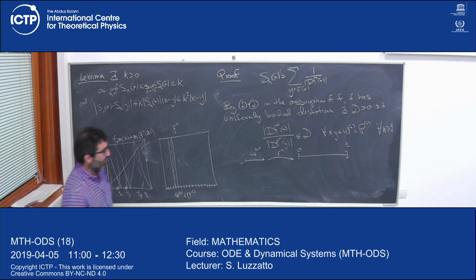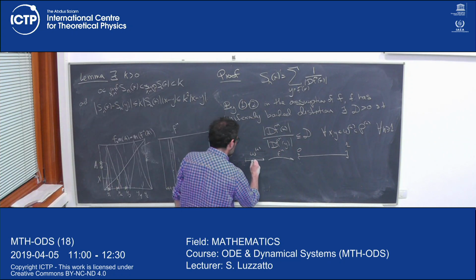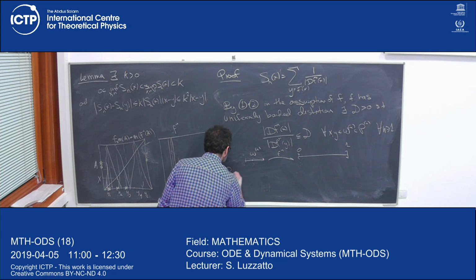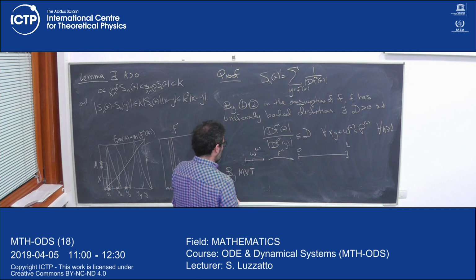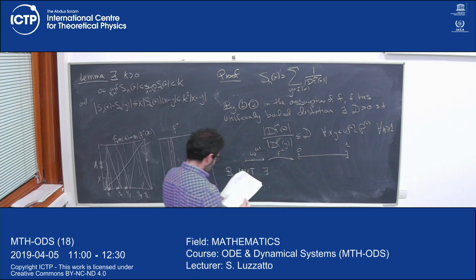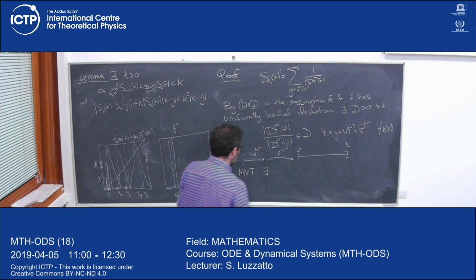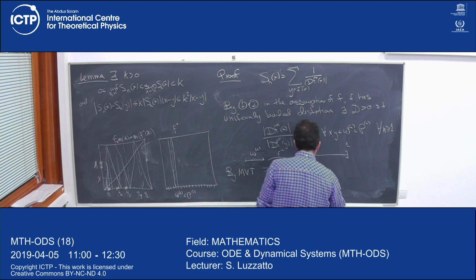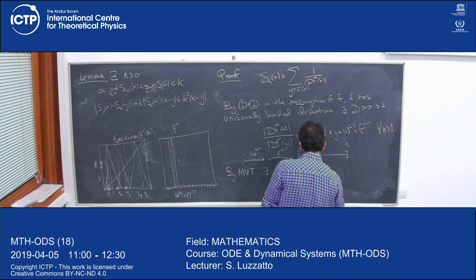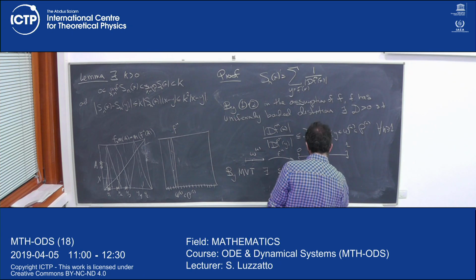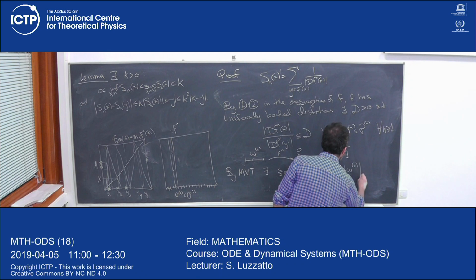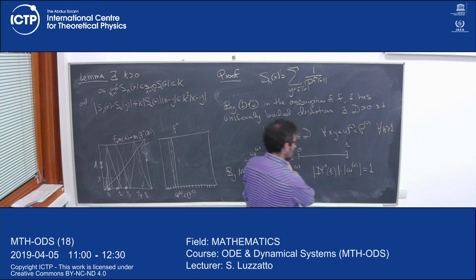Okay? So what do we know about the derivatives inside these points? Well, if you take a point here, we know by the mean value theorem that there exists some psi in omega n such that dfn of psi times the size of omega n is equal to 1, because this is the interval 0, 1.